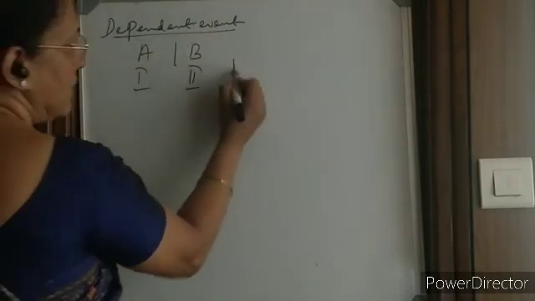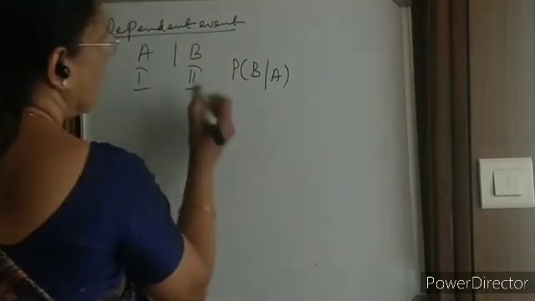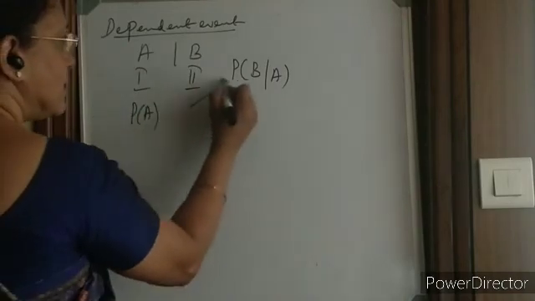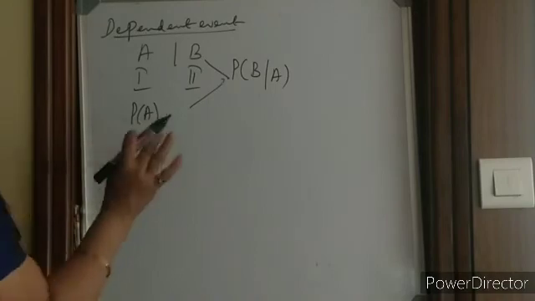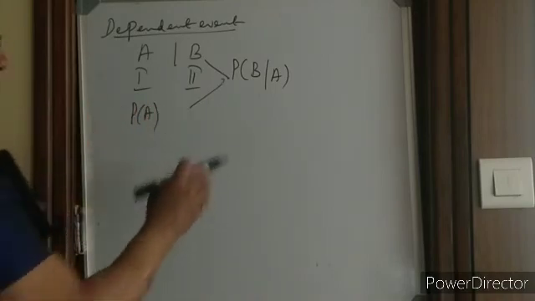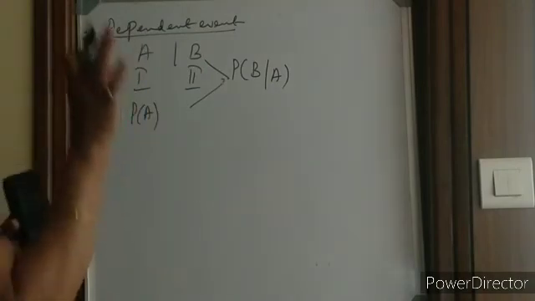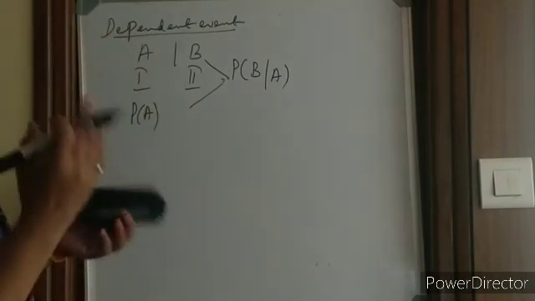Its probability is given like this: P of B given A. For A we simply write P of A, because A is independent. But here B is dependent on A. That means A has to occur first, and after that only B will occur. Without A, B cannot occur.